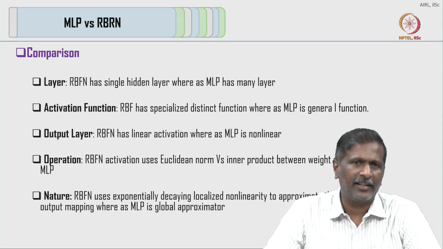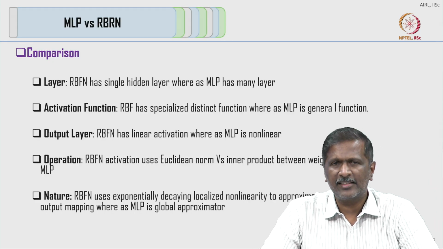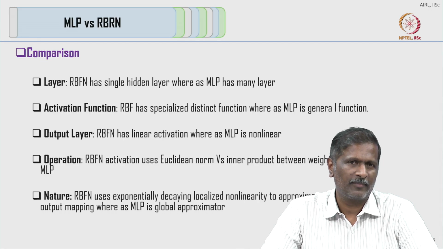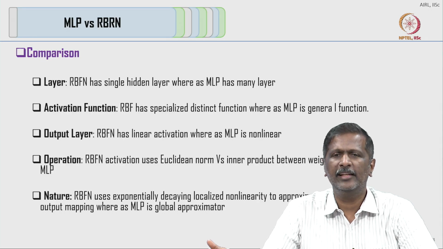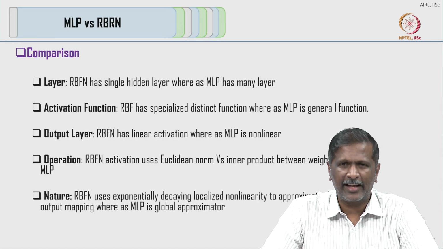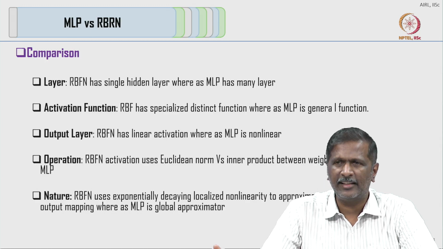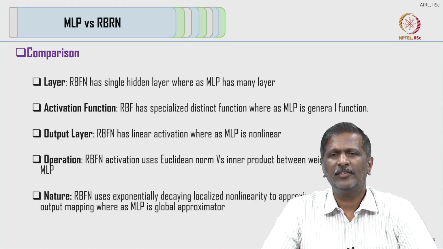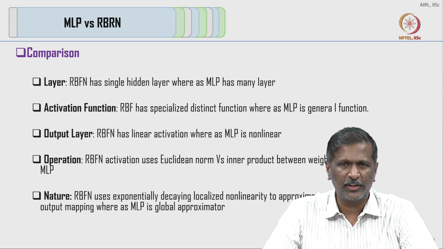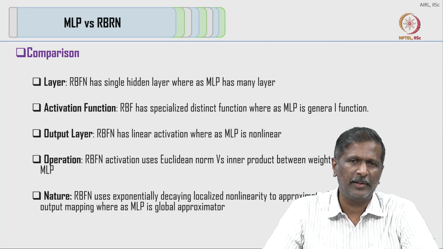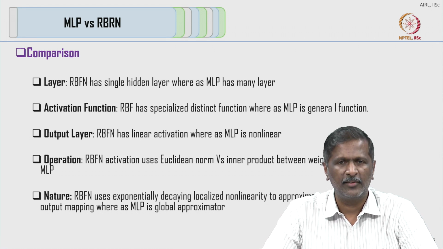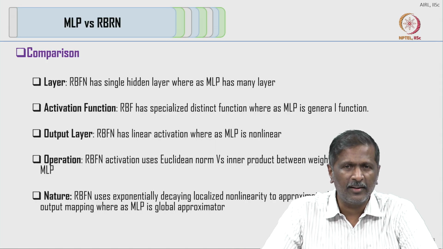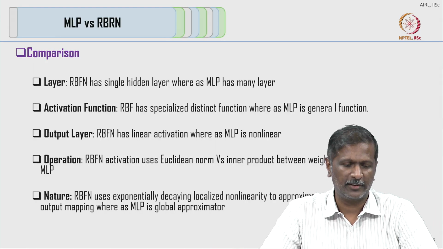If you look at layers, RBFN has a single hidden layer, whereas MLP has many layers. Is that a limitation? Then I can invoke the universal approximation theorem: any smooth and continuous function can be approximated with a single hidden layer network with a large number of hidden neurons.